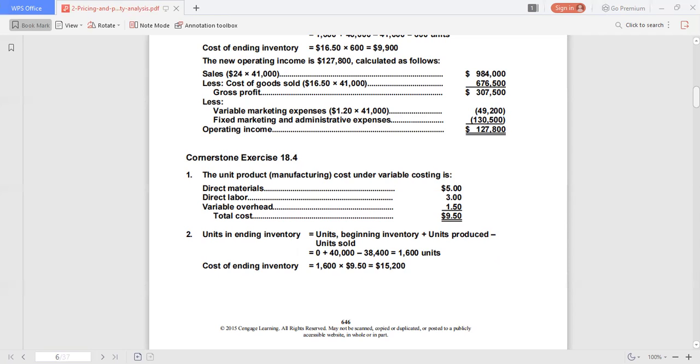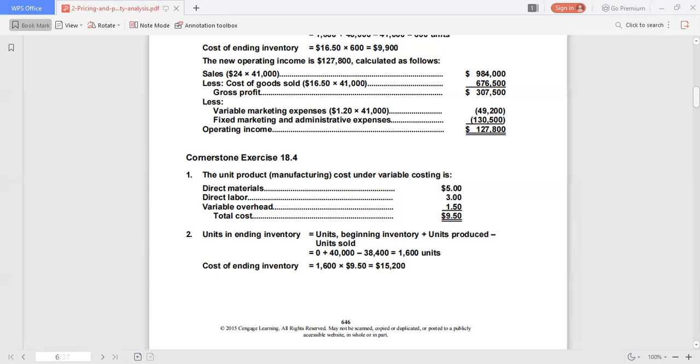Here, we exclude the fixed overhead because we are using variable costing, and the fixed overhead will be treated as period cost. So we have now the cost per unit of only 9.50. Then the units in the ending inventory, we have the units beginning inventory plus the units produced minus the units sold.